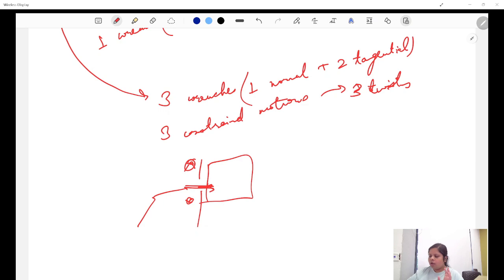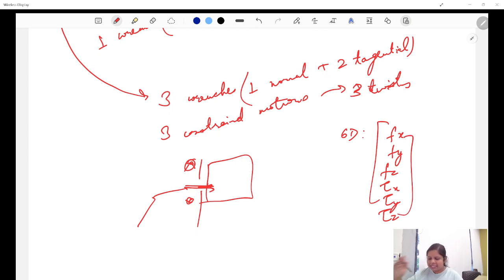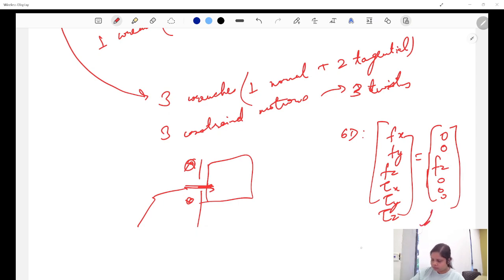A wrench in screw theory is a 6D vector comprising Fx, Fy, Fz, and then torque x, torque y, and torque z. In this case, it would be 0, 0, Fz, 0, 0, 0. So this represents a pure force in the normal direction.